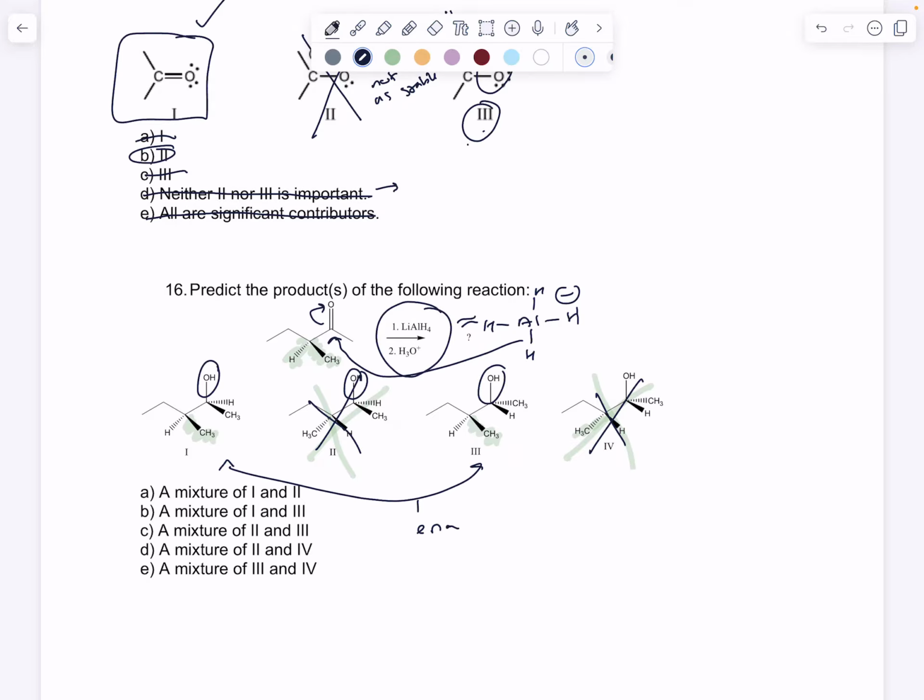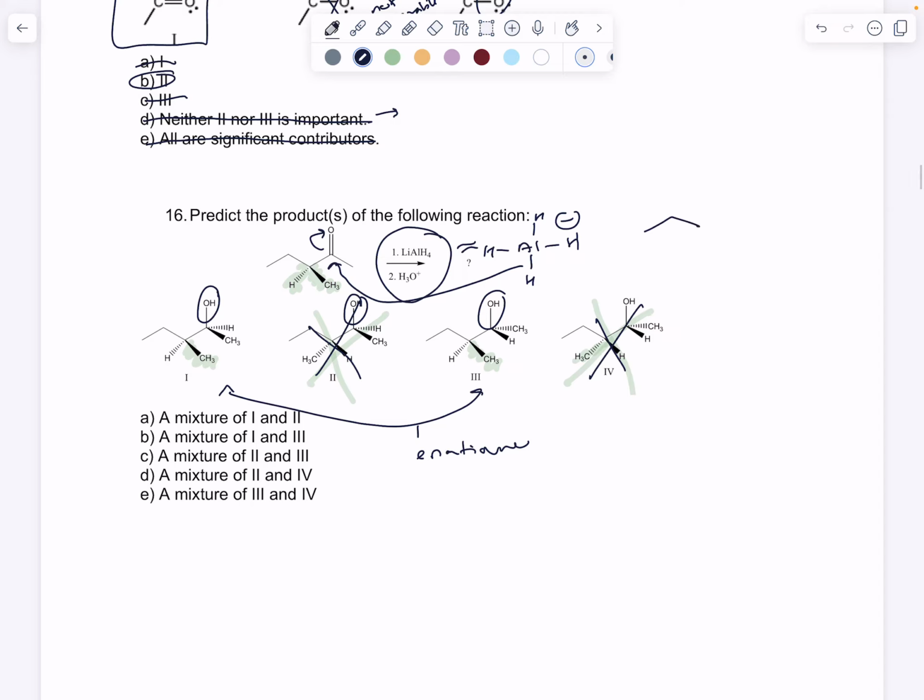And so then you have to ask yourself, what would the stereochemistry of this reaction be? We've talked about this a lot before, but if you have something that's sp2 hybridized, this is flat. And if a nucleophile attacks it, it can attack it from either side, just like if you have a carbocation. And so then that means that you could get your nucleophile being a wedge or a dash.